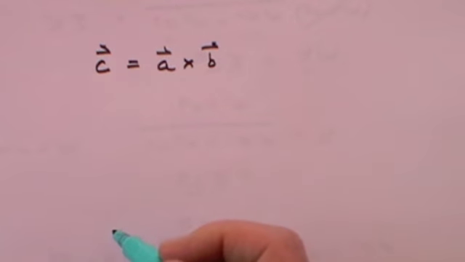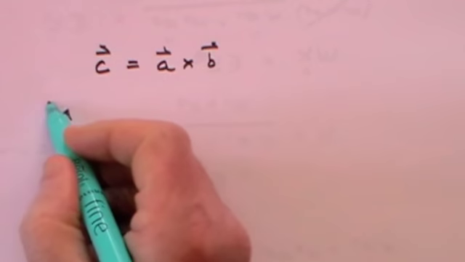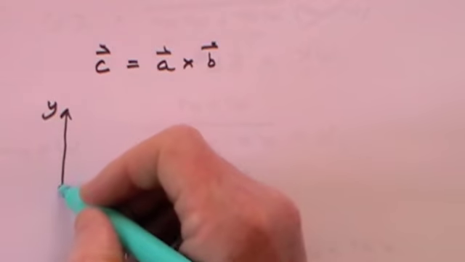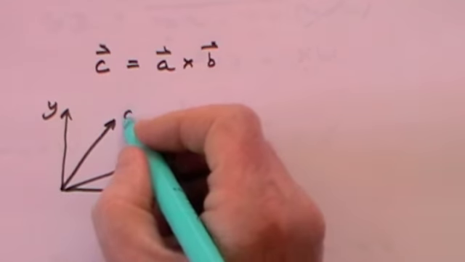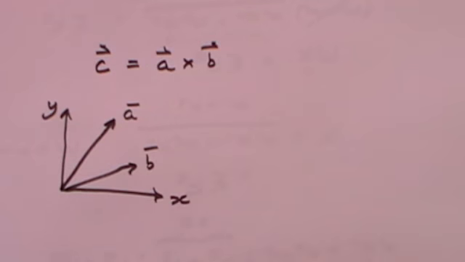And the key point about this is that C is perpendicular to the plane of A and B. So if I draw the xy coordinate, that's the y coordinate, that's the x coordinate, and I draw two vectors in that plane, this is A, this is B, then the C vector will be along the z-axis, which is actually going to be sticking out of the paper.